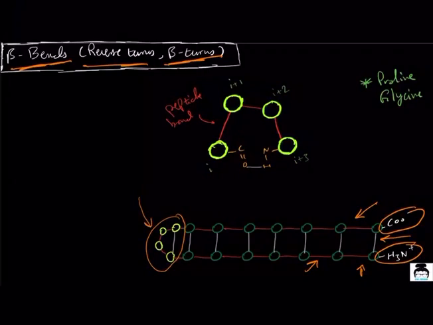Now, beta bends essentially are made of amino acids. So this is an amino acid, this is an amino acid, this is an amino acid, this is an amino acid. And these amino acids typically will have proline and glycine. And the amino acids in a beta bend are connected via peptide bond, the same peptide bond we've discussed earlier. And the first amino acid and the last amino acid have a hydrogen bond connecting them.